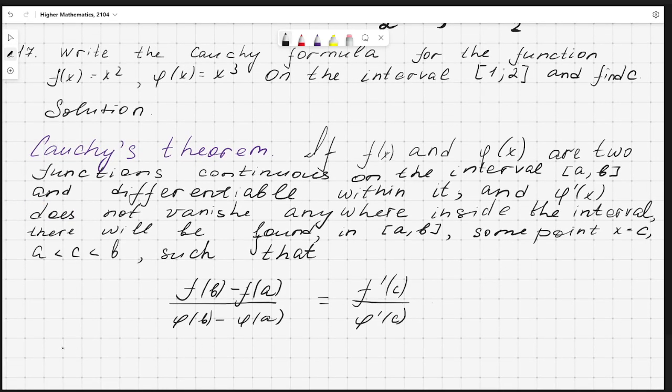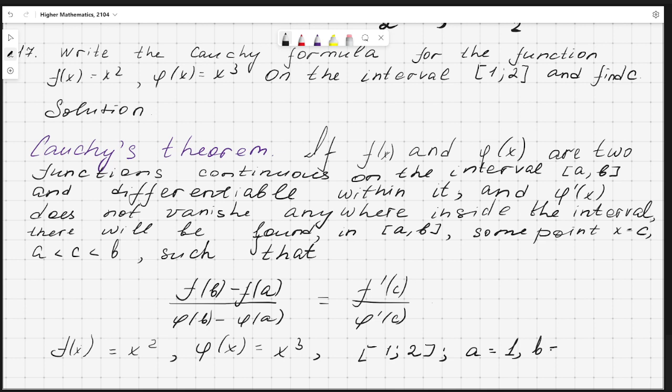F of x is x squared and phi of x is x cubed, and interval from 1 to 2. It means a is 1, b is 2.